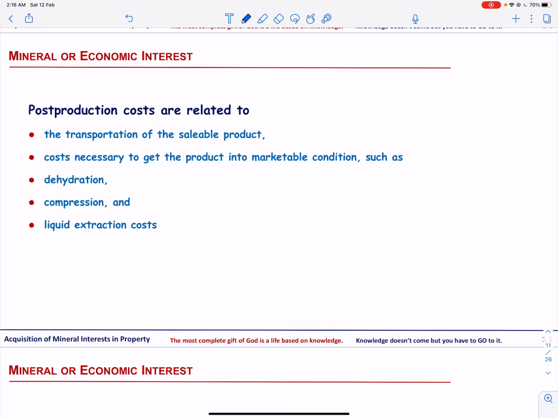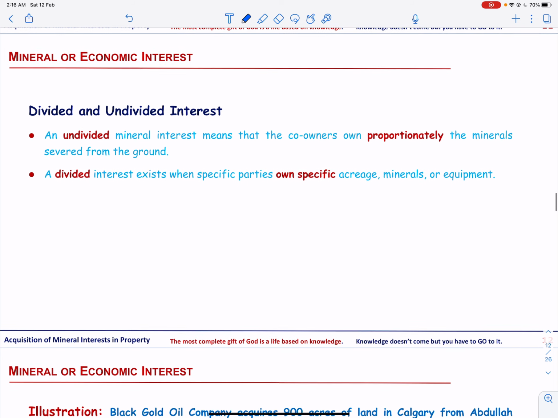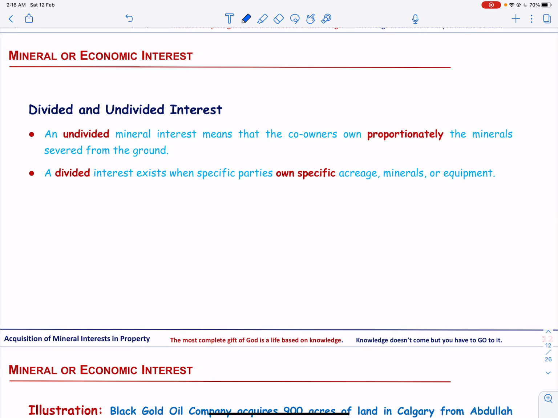Let us now talk about divided and undivided interest. A working interest can be divided or undivided. In the oil and gas industry, working interest is commonly shared by companies for two reasons.